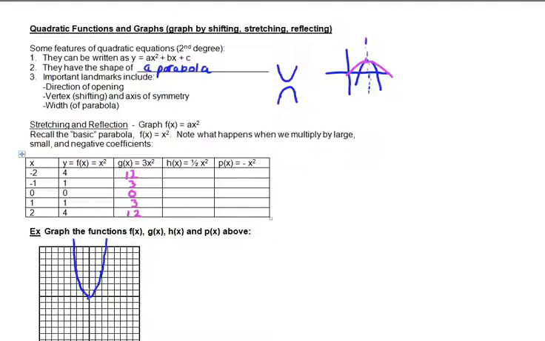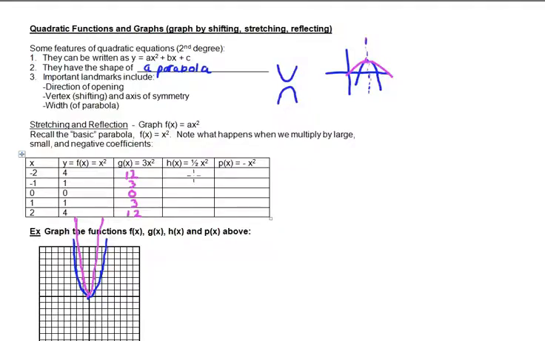So now I can graph the points. At negative 2, positive 12, we're actually off the graph somewhere. But at negative 1, 3, we're over here. 0, 0 is the same point at the origin. 1, 3 is over here. And finally, the point 2, positive 12 is, again, off the graph. If we were to draw this parabola, it would look something like this. So we have a much narrower parabola.